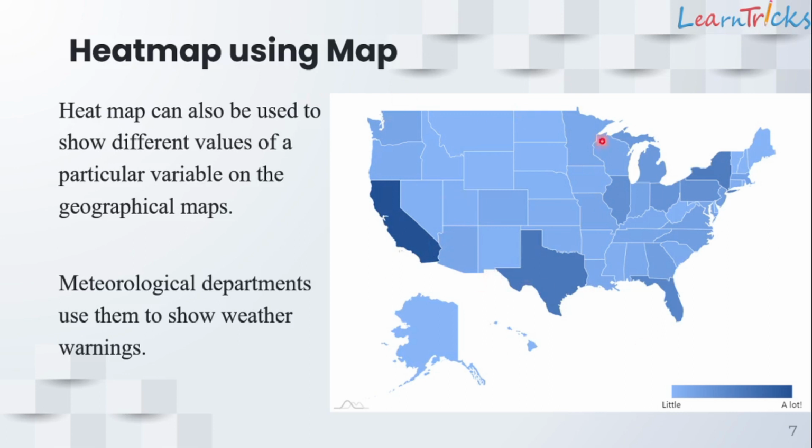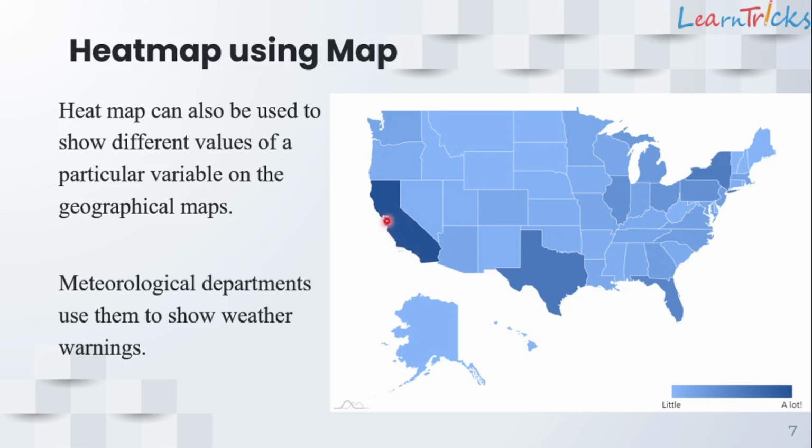Now this map shows the map of the USA, and here is the palette that is showing the values from a little to a lot. Meaning if the color is faint, then the certain value of that certain variable is less in that region, and as the color gets darker and darker, the value of that specific variable gets increased, right?